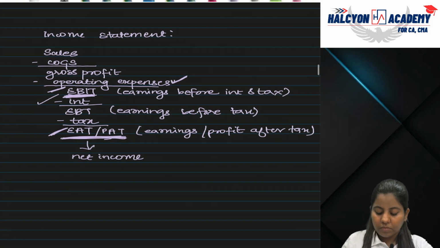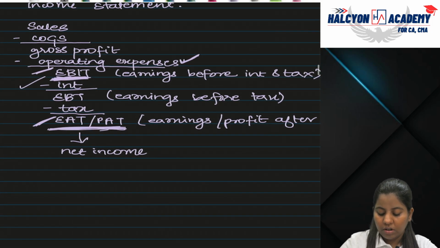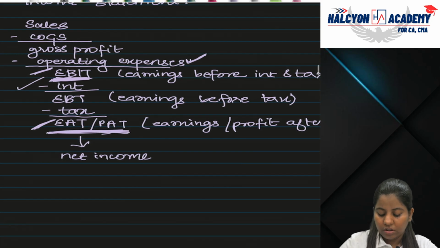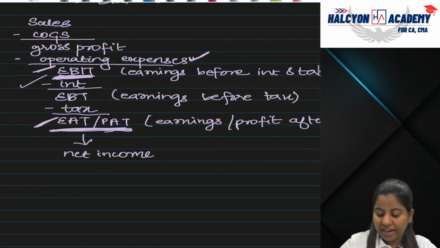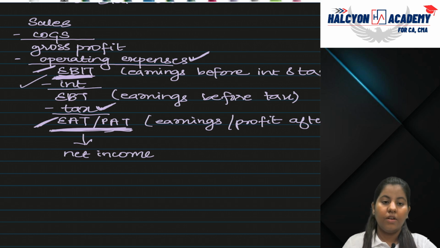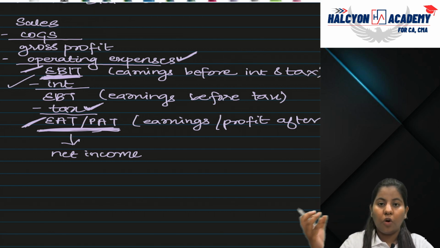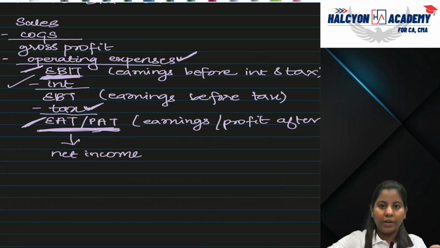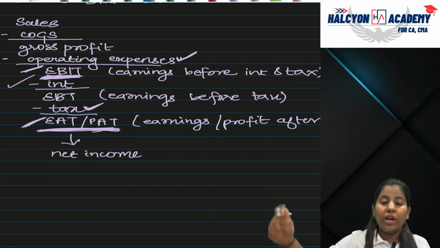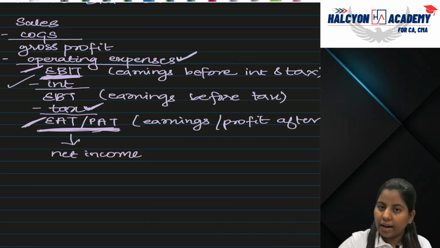Because we have to pay tax. Tax is for outsiders, for the third party. It is not for debt holders, and it is not for equity shareholders. So anyhow, we have to deduct the tax.